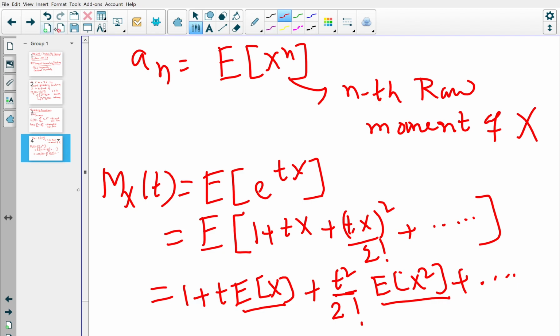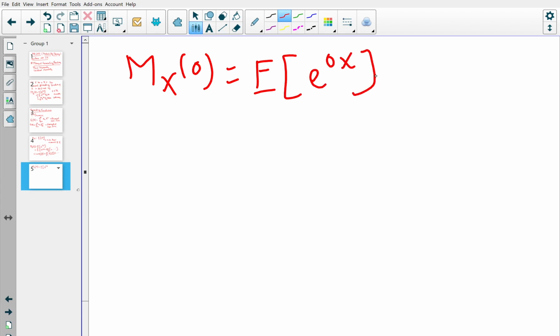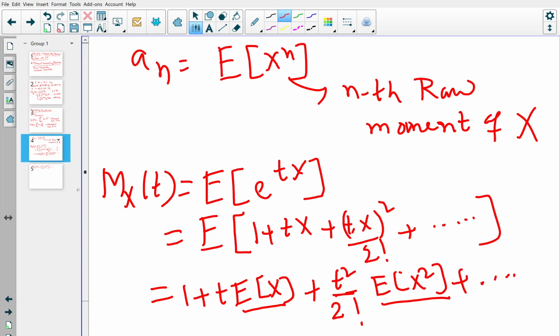Now let's have some more examples. Start with M_X(t) at t equal to 0. Then it is the expectation of e power 0 times X, which is 1. Now how do we get the first moment, the expectation of X?